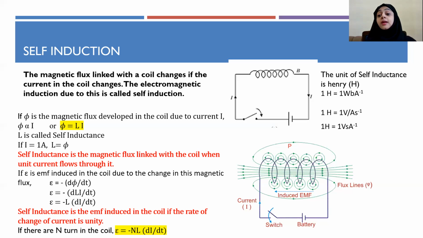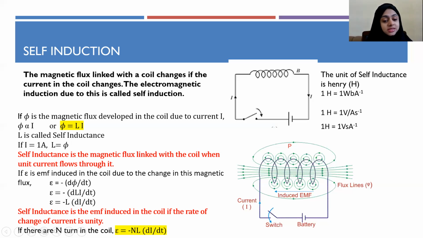Now, if there are N number of turns in the coil, then the equation will become EMF is equal to minus NL di by dt. And I want you to memorize these two equations. Phi is equal to Li and EMF is equal to minus NL di by dt.